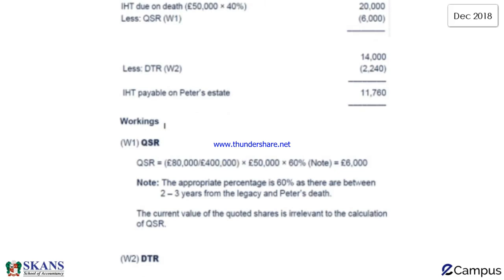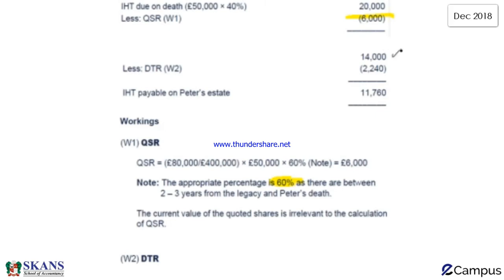Now, in order to calculate IHT on first death, this was the total IHT paid, this was the total estate, and this was the value of shares. And at that time, it was 2 to 3 years, so 2 to 3 years would attract 60%. And so 6,000 is the QSR. Whereas, if you want to know the amount of DTR, you should consider the taxes before DTR. Those are 14,000.